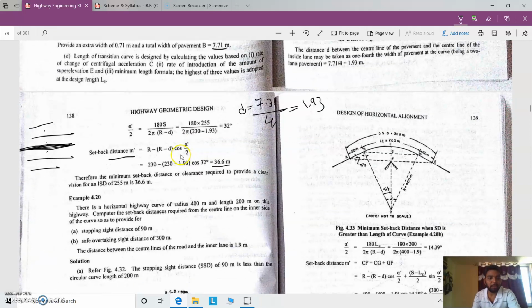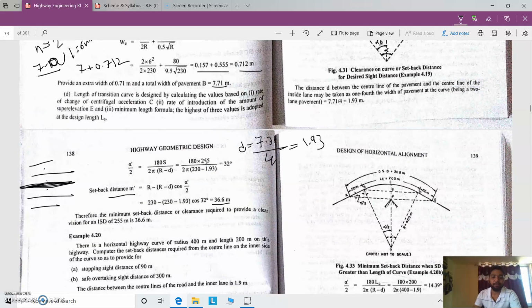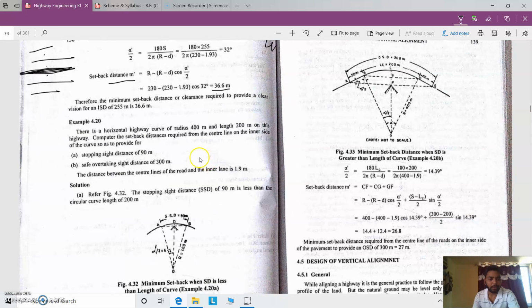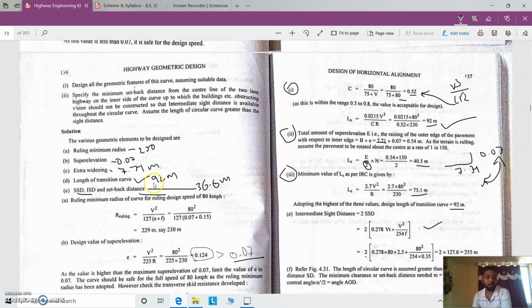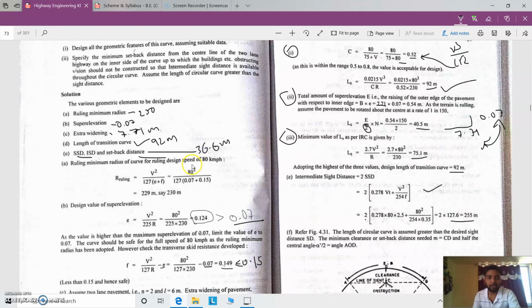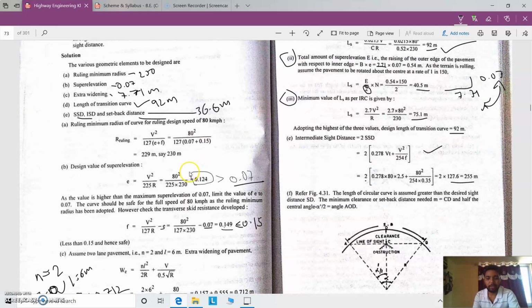In this case, it is more than enough to calculate the required geometric elements for the highway, right? So let us solve this problem based on your study. Try solving it yourself and then compare the values you have obtained, right?